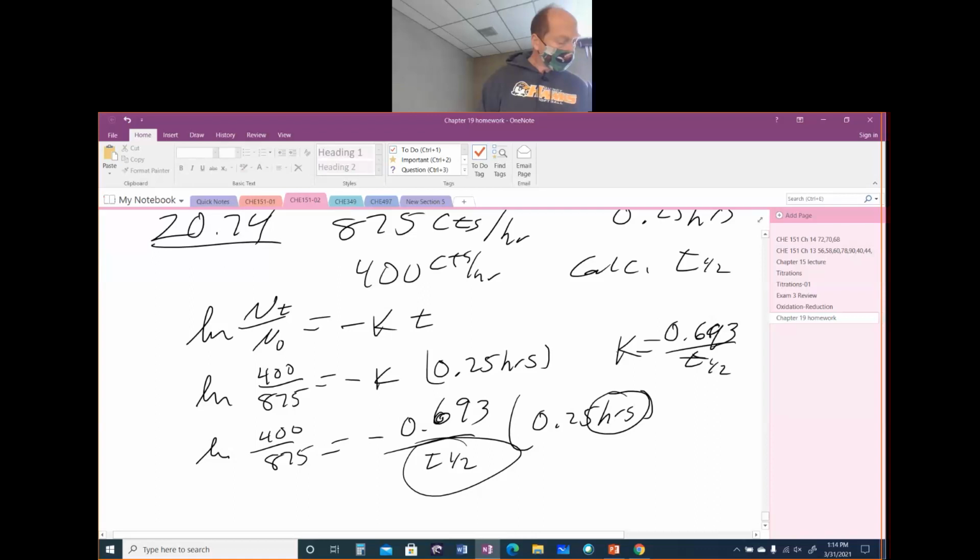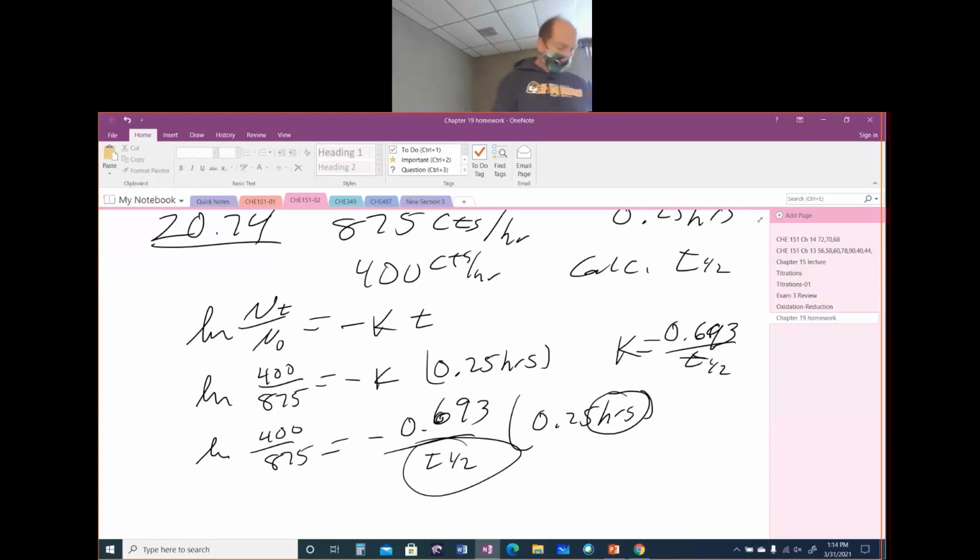Let's see the answer. All right, so we'll push the buttons. You take 400 divided by 875, we get that fraction, and we take the ln of that.